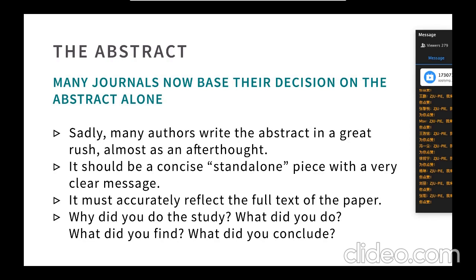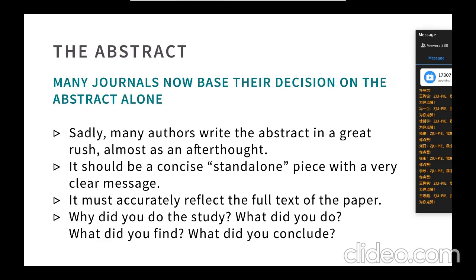So I teach people in academic writing workshops, if you struggle to write an academic abstract, answer these 4 questions in sequence and then delete the questions. You will end up with about 100 or 150 words of text that you can then edit into your academic abstract.